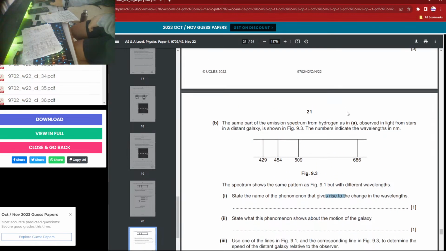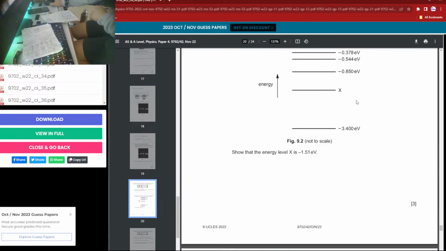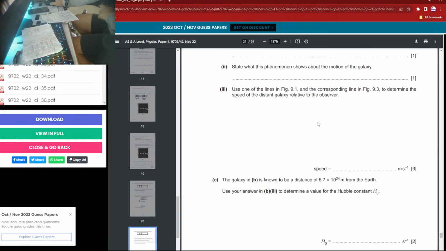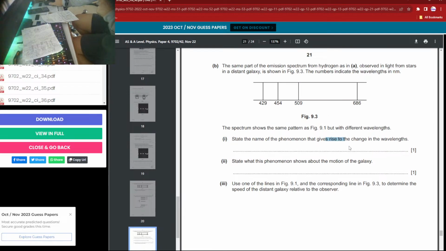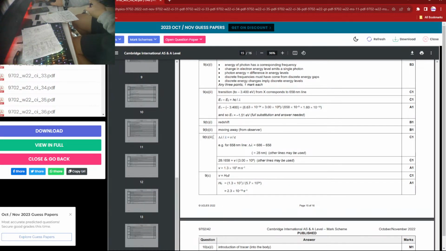So 686 minus 658 will give you how far it has moved away from the Earth already, and that will be equal to the V, the speed that it's moving away. But using 658, you will get the normal wavelength over the normal speed, 3 times 10 to the power of 8, the speed that all particles move in a vacuum. Yeah, so that's how you get this formula, 1.3 times 10 to the power of 7.